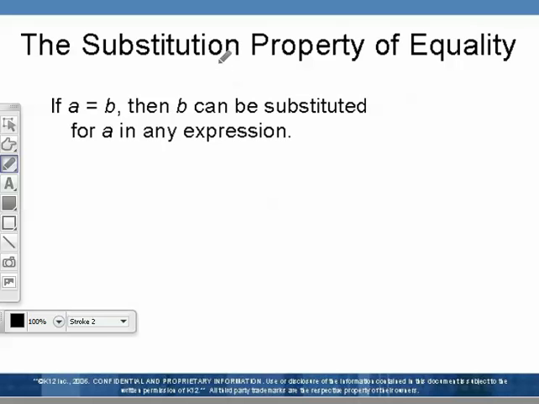Okay, substitution property of equality. If A is equal to B, then I can substitute B anywhere I see an A. Where did we use this?